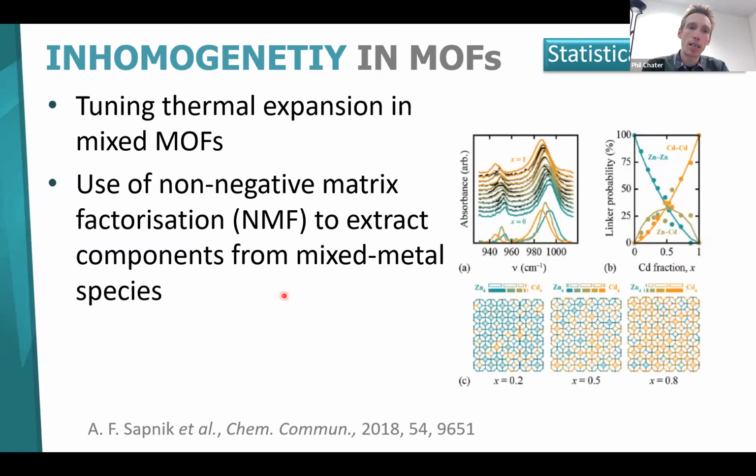So by just collecting lots of PDFs and applying NMF to it, they're able to extract what the new bit of the data looked like and show the PDF of this zinc cadmium MOF part of the system and extract information about its structure.